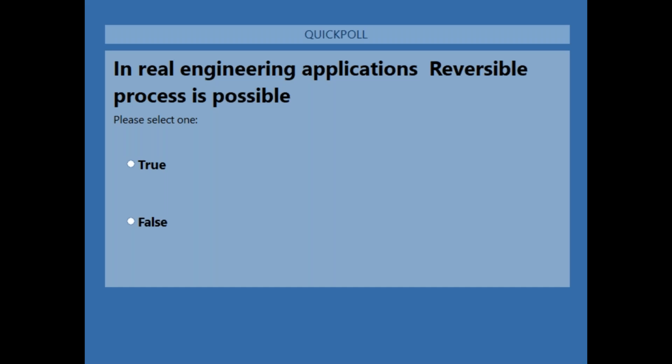This has been made very clear in the video: the reversible process concept is a very useful concept, but unfortunately it is not possible to have a reversible process in real life. Let me share the result.